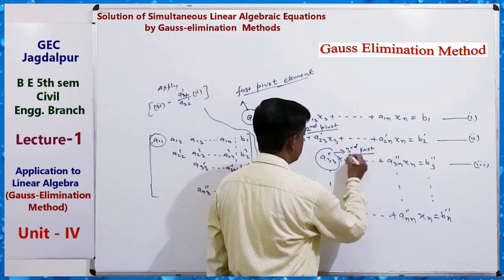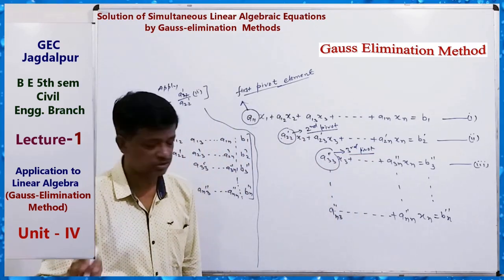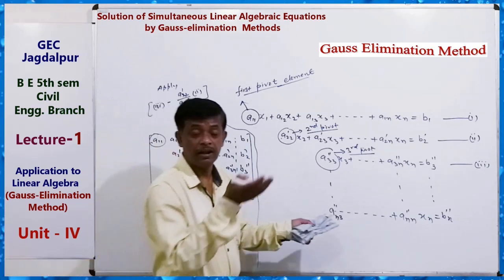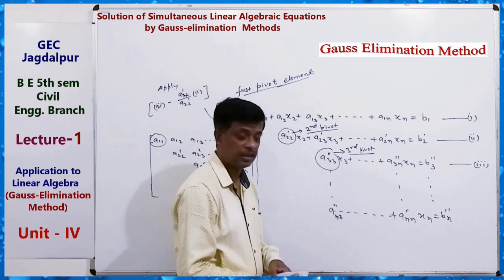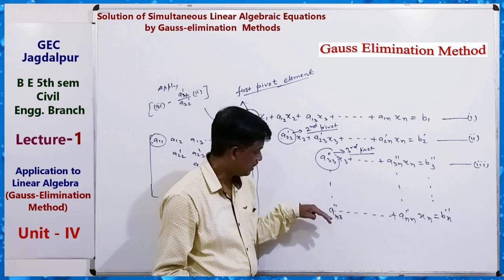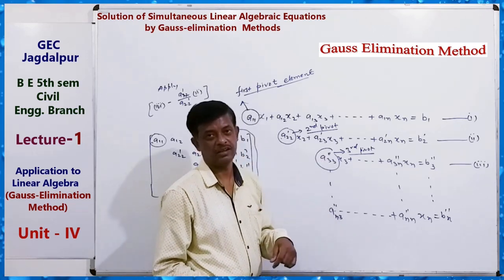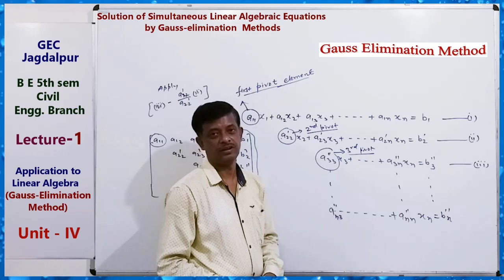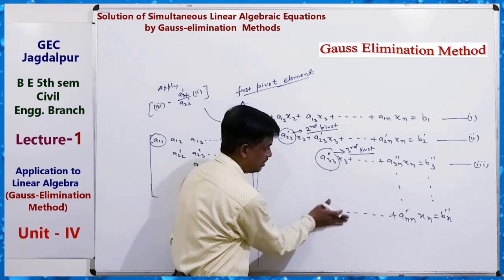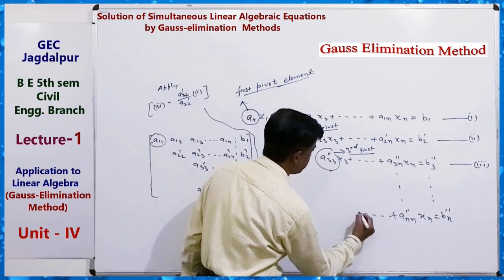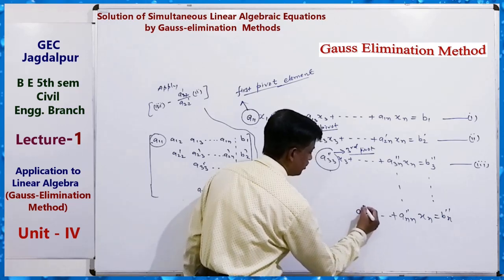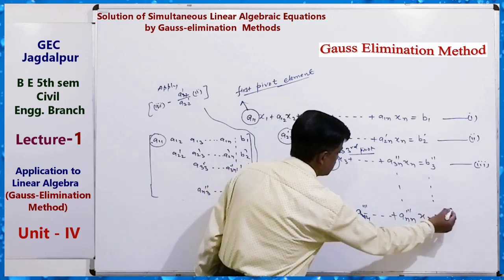If this element is not equal to 0, then you can keep here the equation whose first element is not 0 by writing this equation here and this equation here, and then take the pivot, and by that pivot you can make 0 in the lower side, and you get A44''', triple dash, and so on.